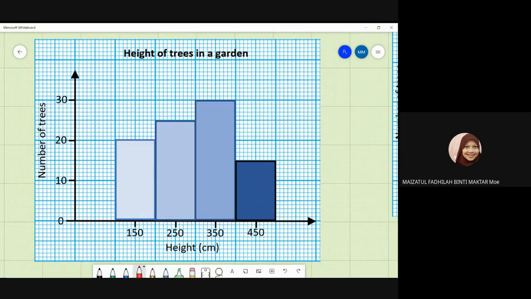Then find the second midpoint on the top of the second bar. The third one is here. Make sure you draw carefully, the intersection of x must be at the correct place. And the fourth. Okay, done.